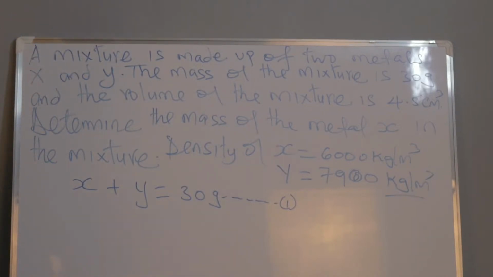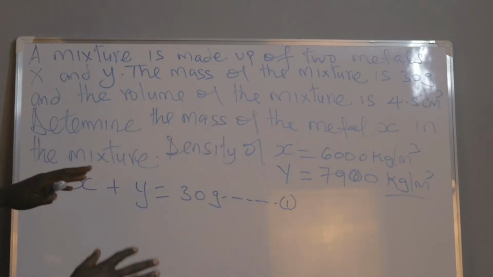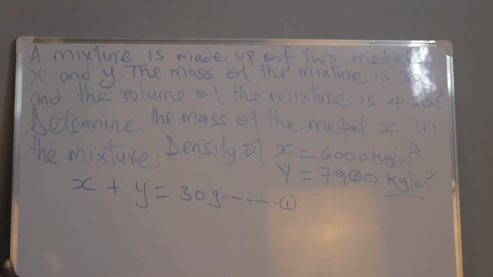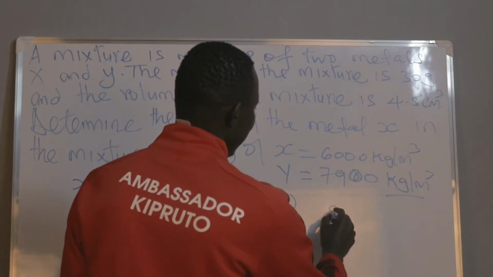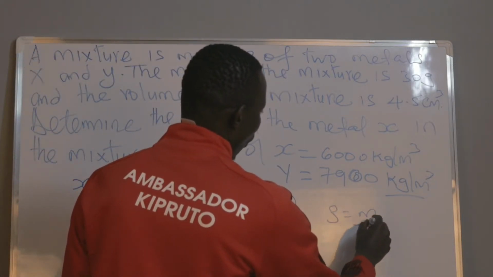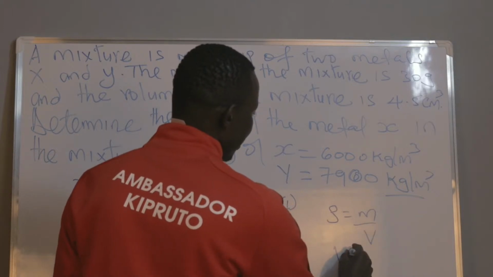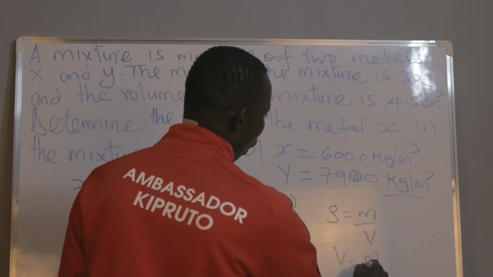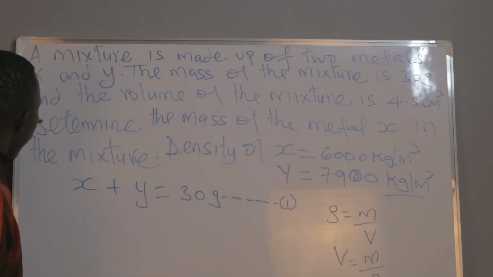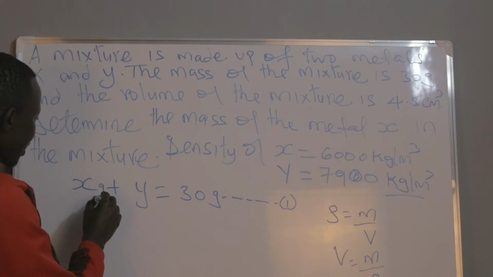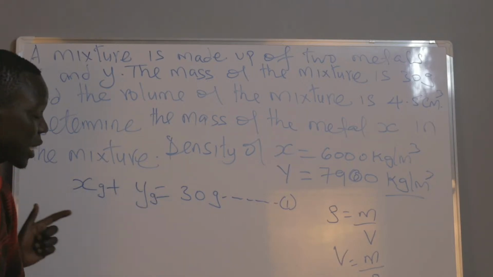The total volume is 4.5. Density is given by mass over volume, so volume is given by mass over density. For X, which has X grams, and for Y, which has Y grams, it's very simple.